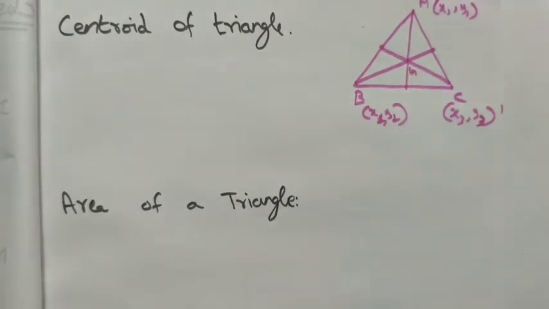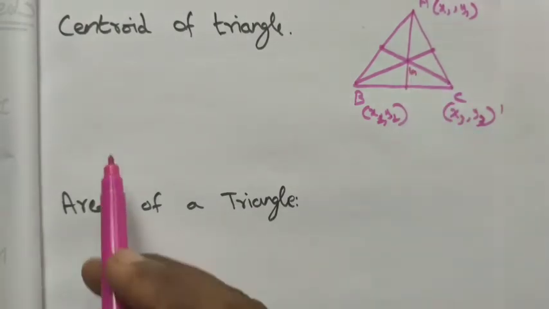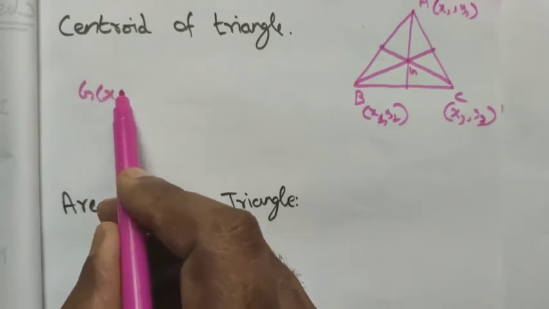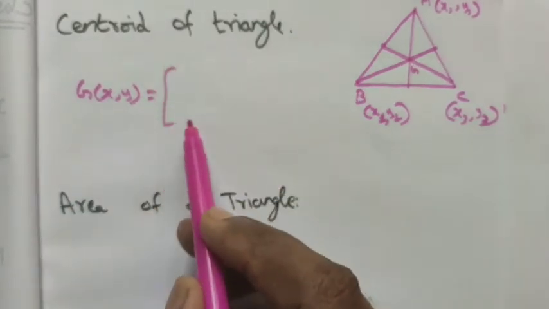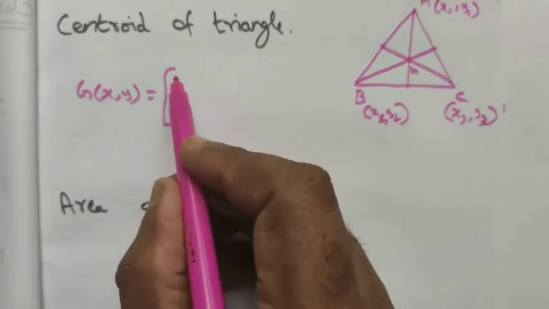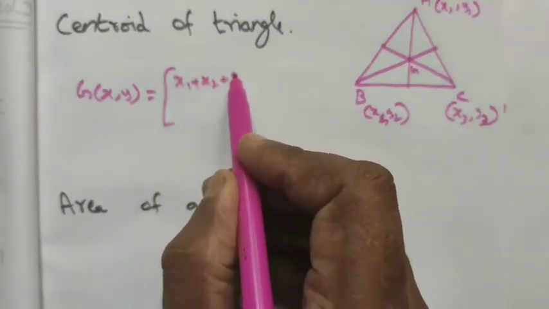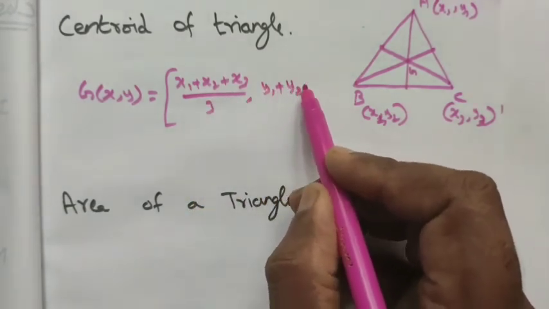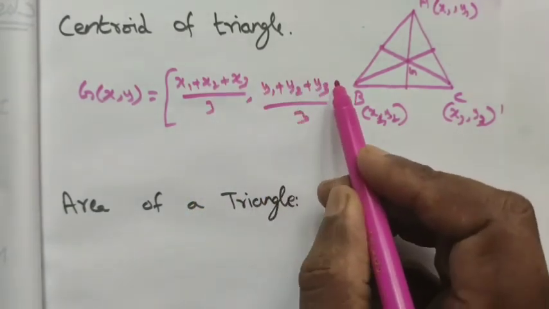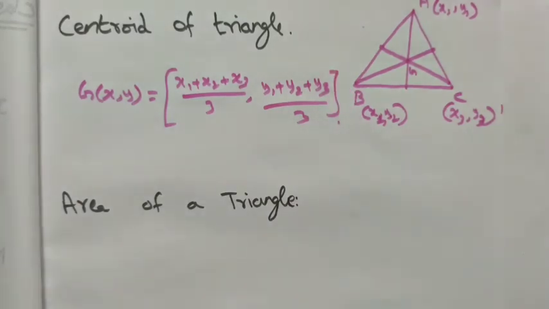We have to find the centroid G. The centroid is always denoted by G. The formula is G of (x, y) equal to ((x1 plus x2 plus x3) divided by 3, (y1 plus y2 plus y3) divided by 3). That is the centroid of the triangle formula, right?